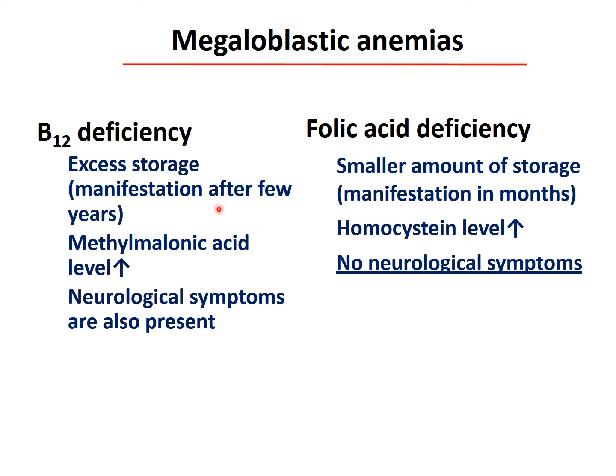In the case of B12, at the cellular level, very characteristically, the methylmalonic acid level increases, because not only does DNA synthesis involve B12, but myelin synthesis as well. If you do not have a normal B12 level, the myelin synthesis is abnormal, and neurological symptoms can occur.